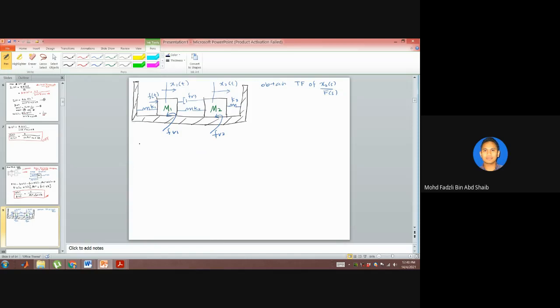Now we need to find the force of M1 due to the motion. Because they are interconnected, we need to consider two parts. The force of M1 due to the motion of M1 itself, and another part is the force of M1 due to the motion of M2.